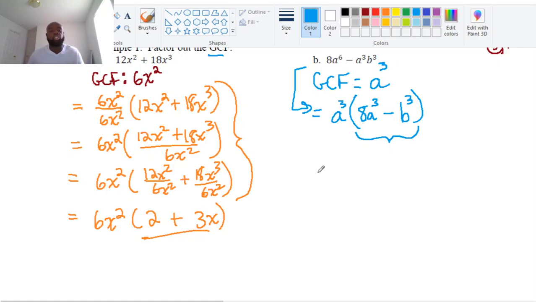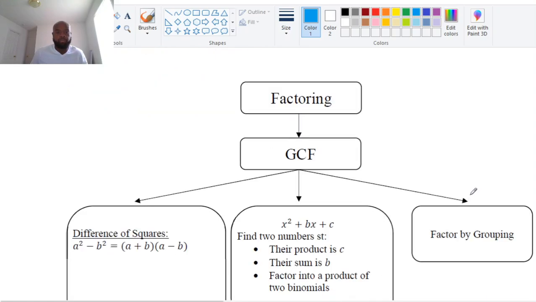Let's actually get into the other methods that we can use to factor polynomials. All right, so I have a little diagram here that shows all of the methods that we're going to talk about for factoring polynomials. The first thing I always want to think about is factoring out the GCF.